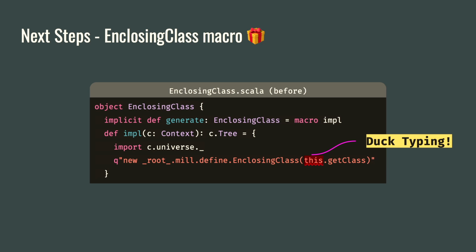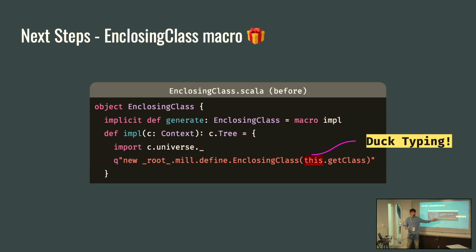So next thing, there's a macro called the enclosing class. And all it does is it splices in this piece of code, create me the enclosing class with this dot get class. And again, this is just magic duck typing, because when you substitute the code at the call site, then sure, this refers to the this where you call the code.